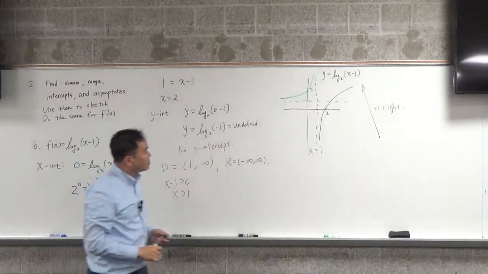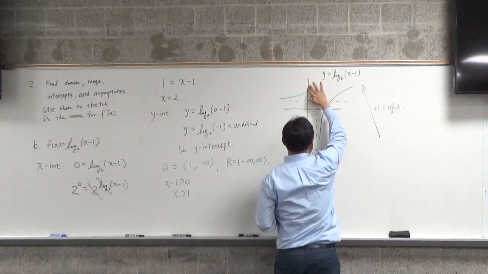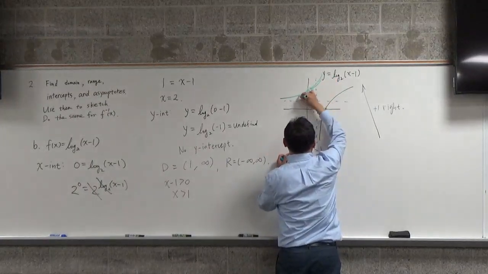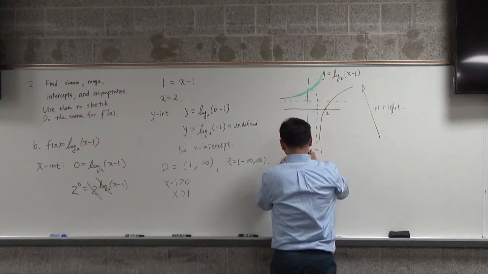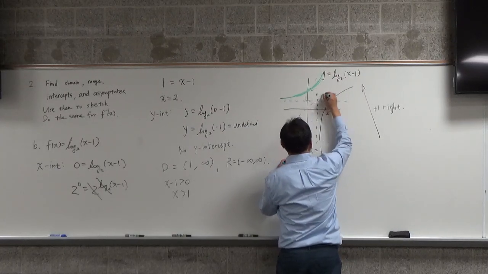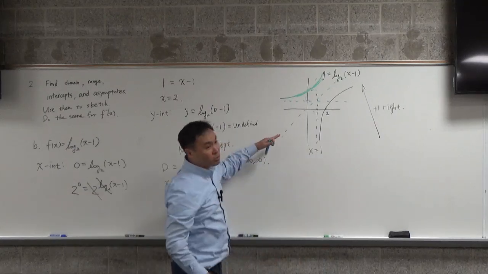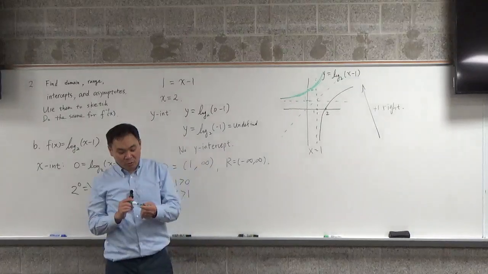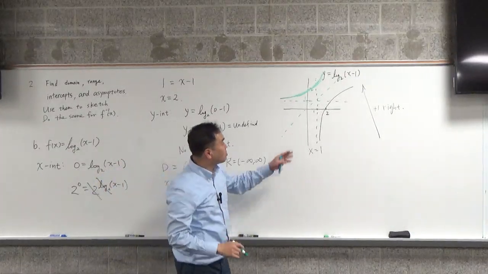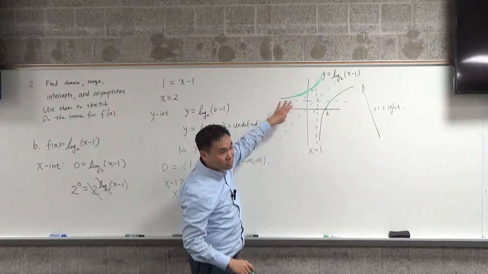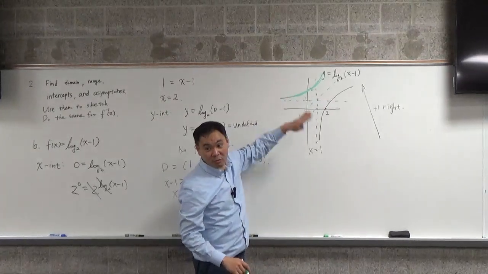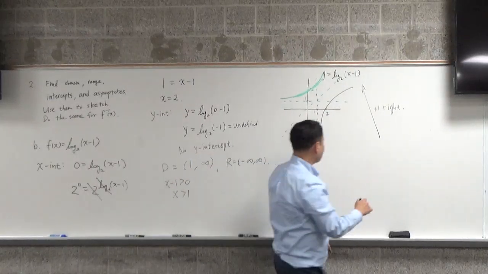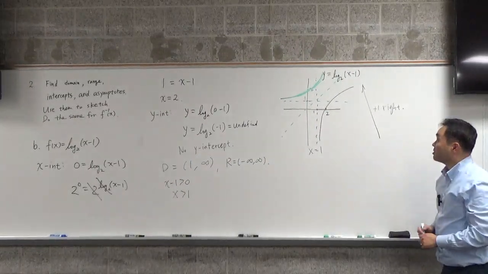Oh, sorry, that's not right. I drew it as if this is an asymptote, but it's not. It's like that. Because after all, it should be symmetric with respect to the diagonal. Okay. So an easy way to see if you drew it correctly would be to draw what you would get if you flip over the diagonal, and you rotate this around and see the picture is symmetric.